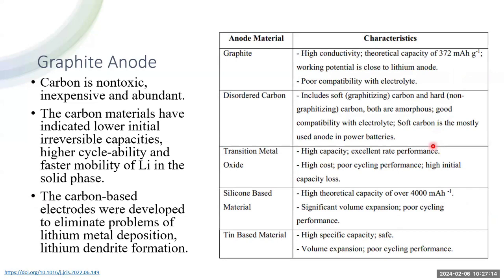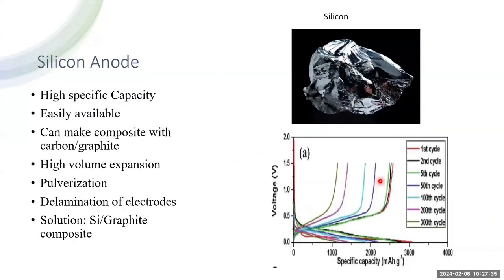So if you make a composite of it, you can get a capacity in the middle of these two, around 2000 or maybe 2500. That's why the silicon graphite composite is good.